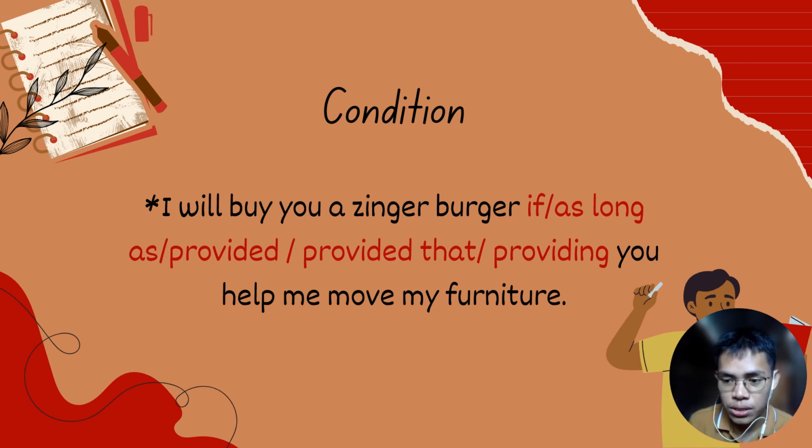You can interchange them. When we say this, we are saying that it is the only key. It is like saying that I will only buy you a pizza if you help me.